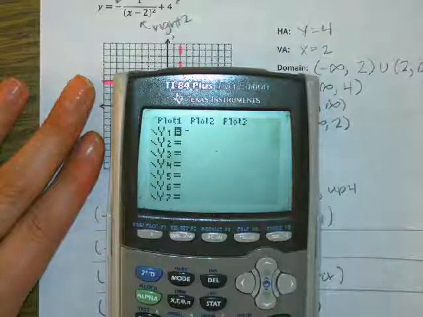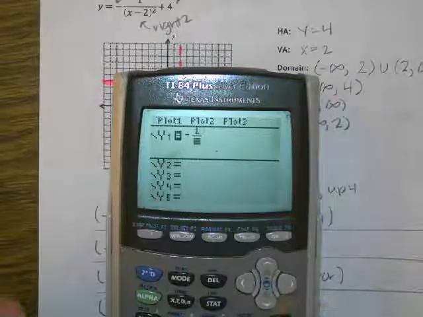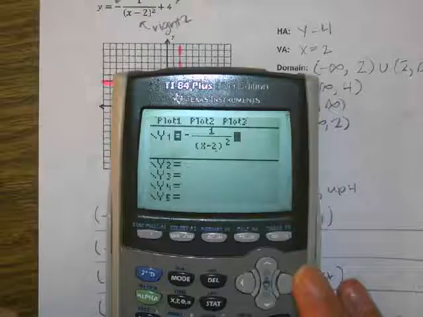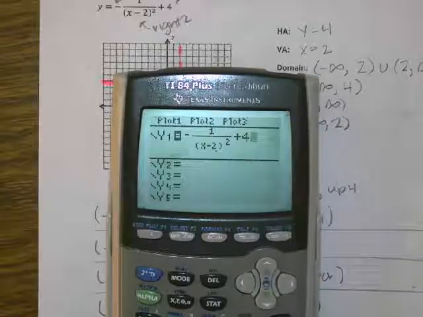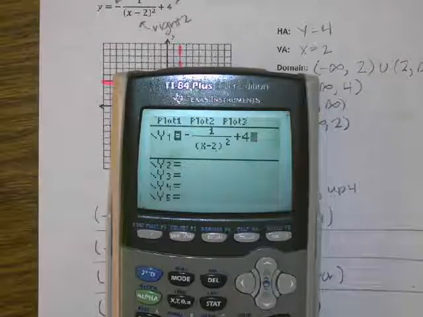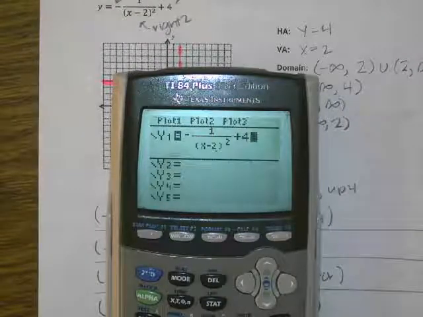Make sure you type your negative before you do your fraction. Or you could put a negative 1 on top. That would work as well.